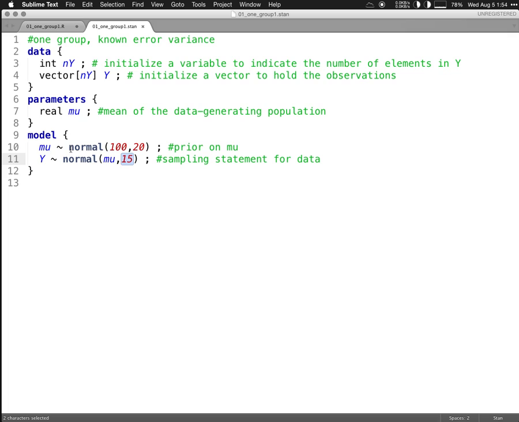We wouldn't be too surprised if it was 105 or 95. We'd be a little more surprised if it was 120 or 80. But we have this established set of beliefs without seeing any data, and we want to say, having collected this data, what should we now believe about the population that we sampled?